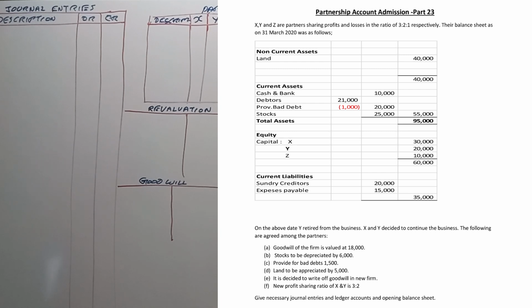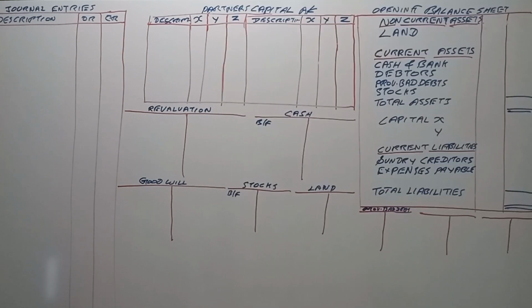On the above date, Y retired from the business. X and Z decided to continue the business. The following are agreed among the partners.